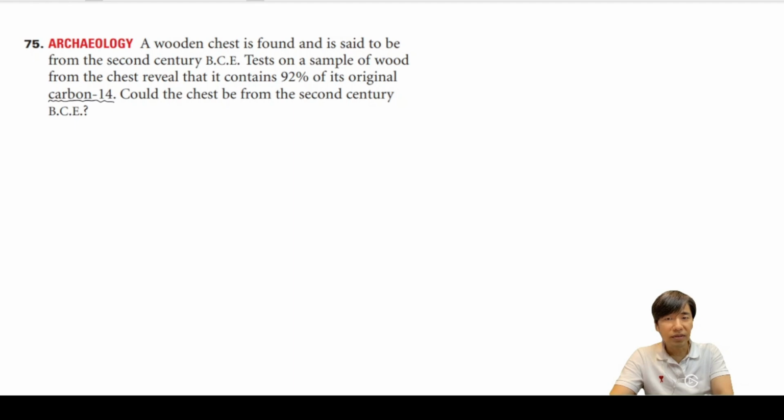It's 5730. So the half-life of carbon-14 is 5730 years.